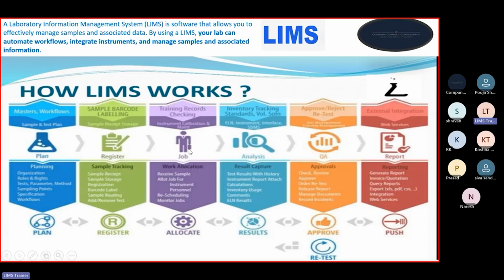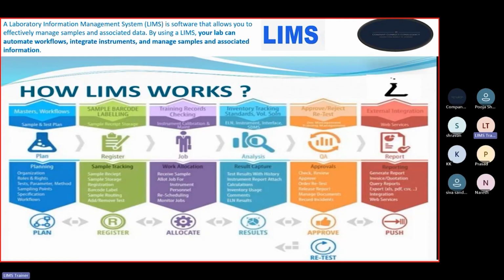Then the job or work allocation. After receiving the sample, now you are allocating the work to the users. So you are receiving the sample, allotting the sample or the test to different analysts, rescheduling, and monitoring the jobs, like which analyst has how many tests assigned.